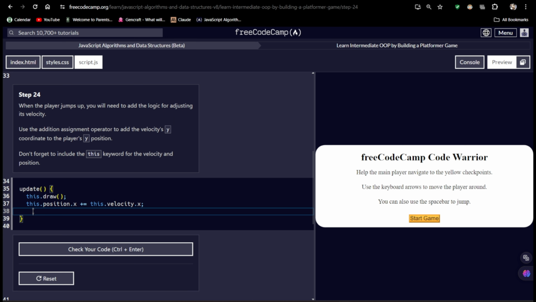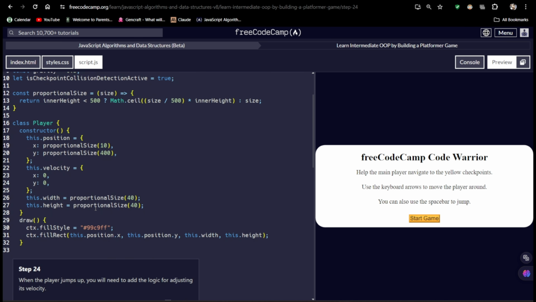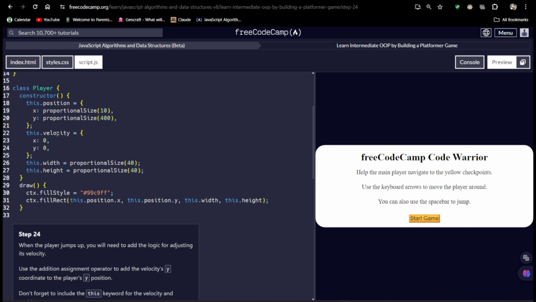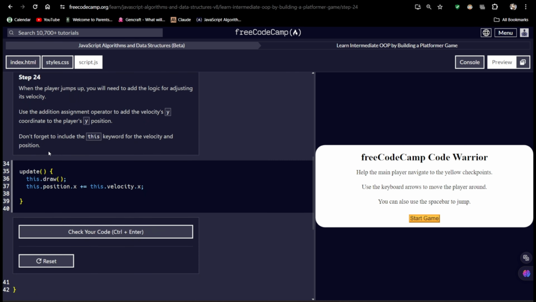Again, we know that the assignment operator is achieved with the addition symbol and the equal symbol. That is the assignment operator. And we also know that we have to add the y from the velocity object, with the key y assigned to the value of 0.